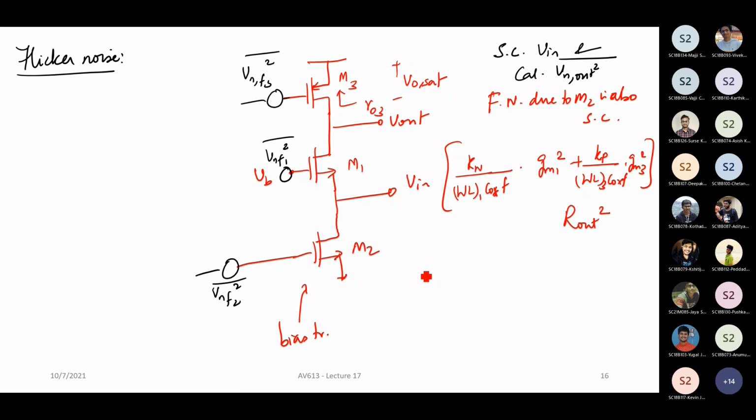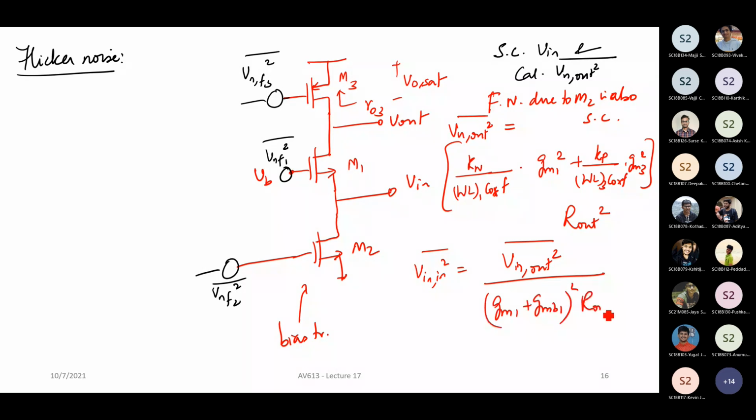And therefore, Vn out squared bar is given by this number. Vn in squared is Vn out squared divided by (Gm1 plus Gmb1) the whole squared multiplied by R out squared. This will be your input referred noise voltage power spectral density due to the flicker noise.